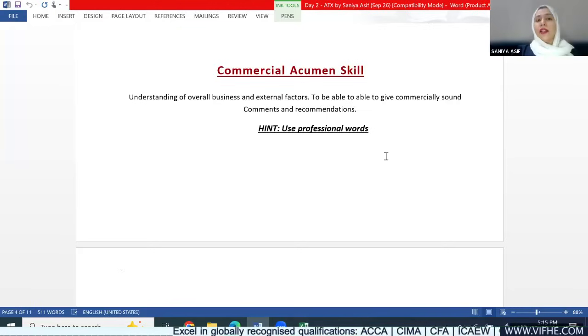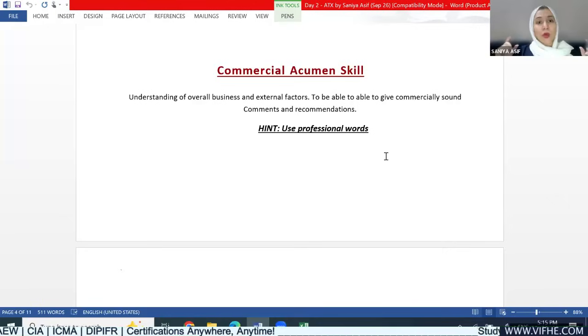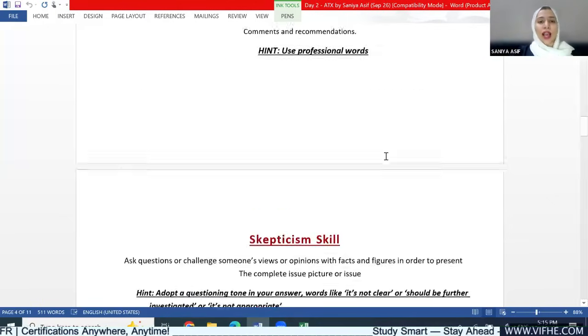And then maybe stamp duty, land taxes, or other sorts of charges which are not explicitly asked by the examiner, but they come with the package. They are also important and are to be taken into account. So when you discuss other issues apart from the main issue being asked, this is how you're using your commercial acumen skill.